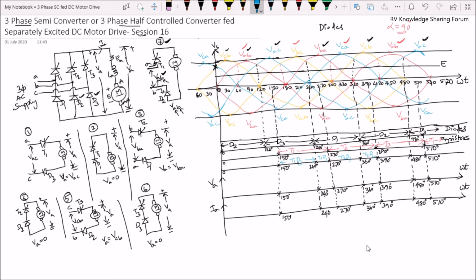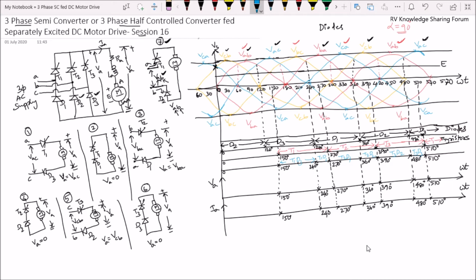From 390 degrees to 480 degrees, thyristor T3 and diode D2 are conducting. And from 480 degrees to 510 degrees, thyristor T3 and diode D3 are conducting. These are the angles at which the thyristor and diode pairs are conducting.